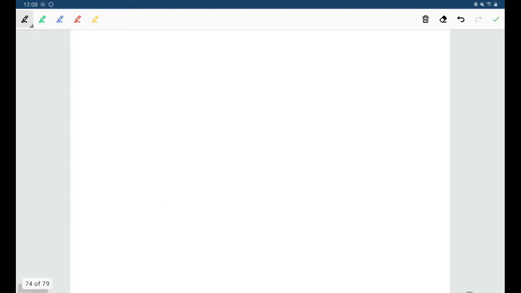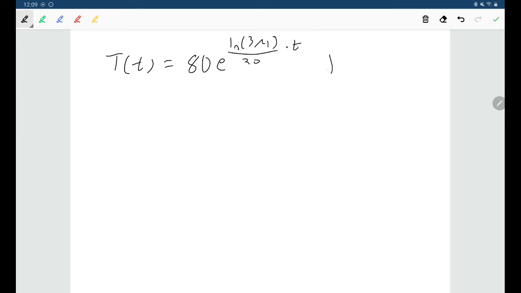Now I can go right ahead and rewrite my equation involving that constant. I know that T at time t is 80 e to the k times t, and the k that we just found was natural log of 3/4 over 20, times t, and then we had that plus 18.